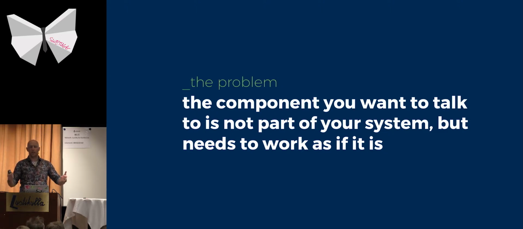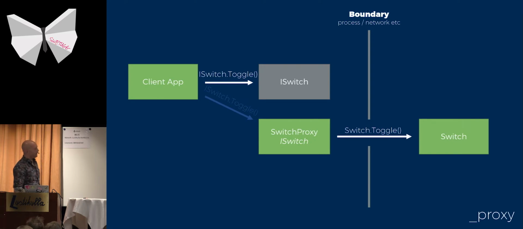I assume 90% of the people in the room, or probably 100, have done web service calls at some point. We all do. And it used to be that you could right-click and say add service reference and you got a proxy. Now it's all that REST stuff and it's complicated and hard to build.